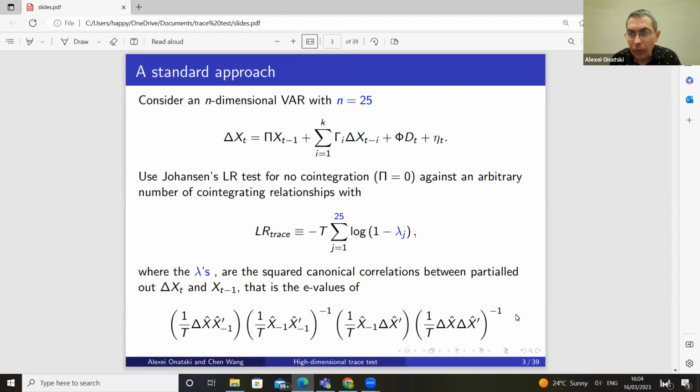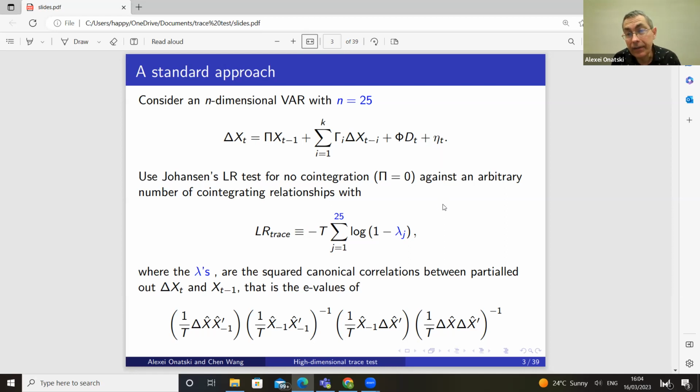Then you might want to include several lags of the x variable on the right-hand side. You will also include some deterministic terms. It may be a mean and maybe a trend, maybe a quadratic trend. I'm putting this in the regressors dt, and there is this error term.